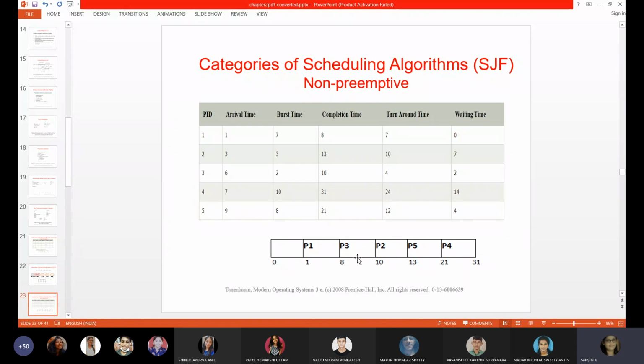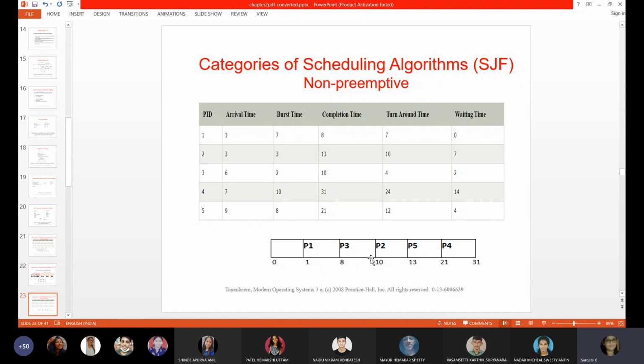What is the CPU burst time of process P3? 2 milliseconds only. Which category of algorithm is SJF? Non-preemptive. So P3 entered the CPU in the 8th millisecond, and it has to complete its 2 millisecond execution.